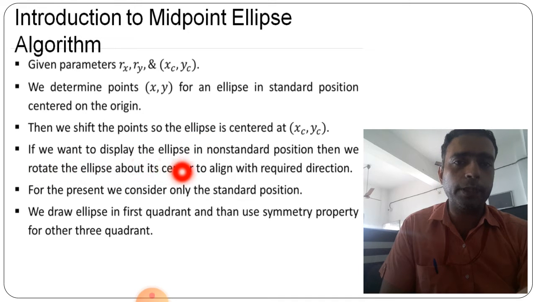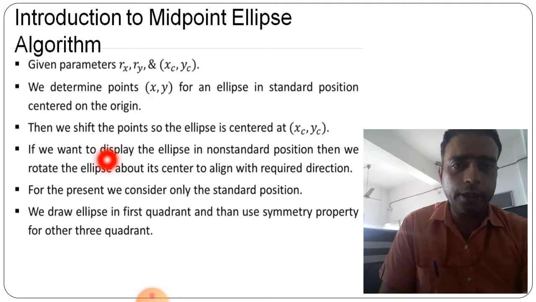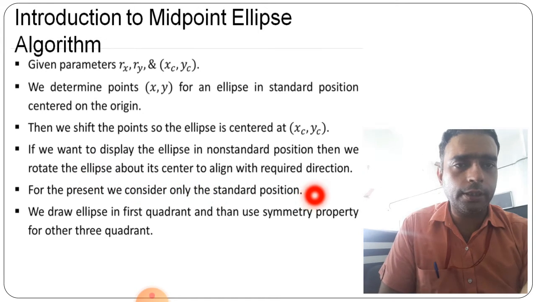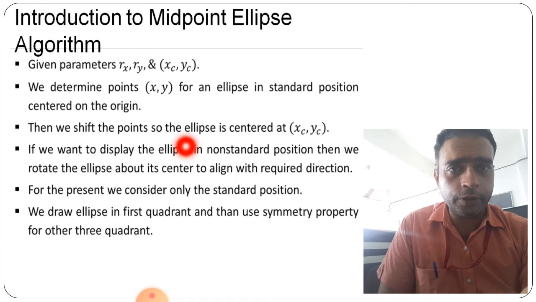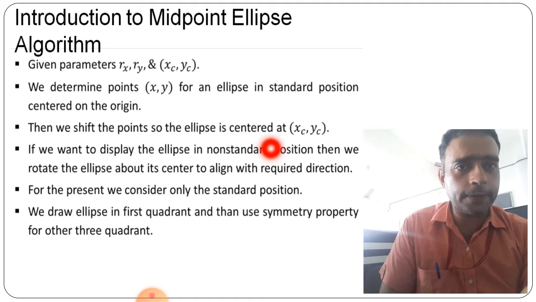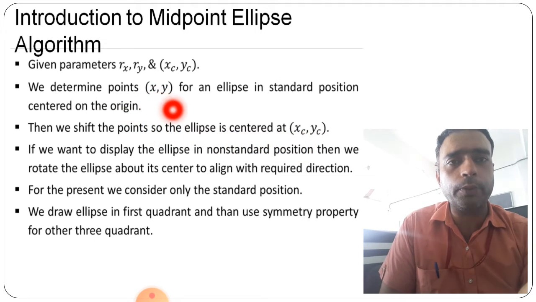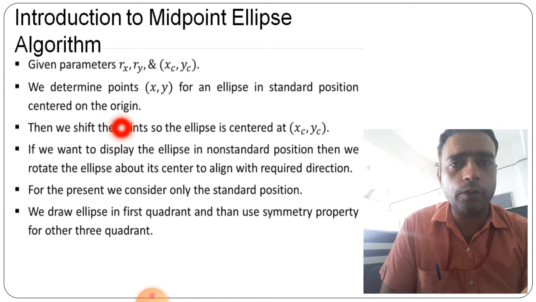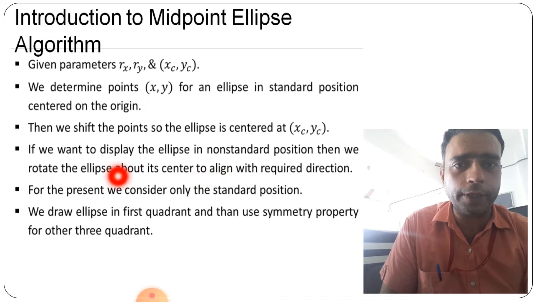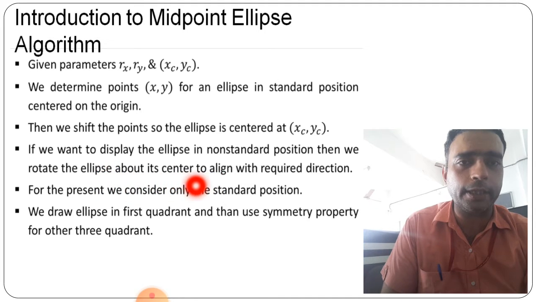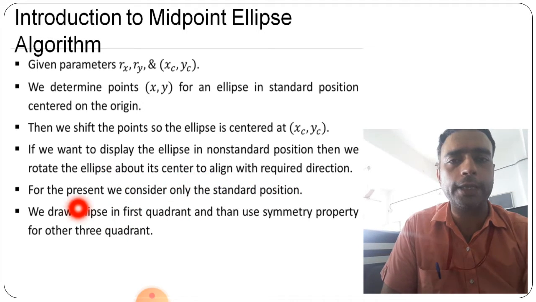If we want to display the ellipse in non-standard position, then we rotate the ellipse about its center to align with the required direction.